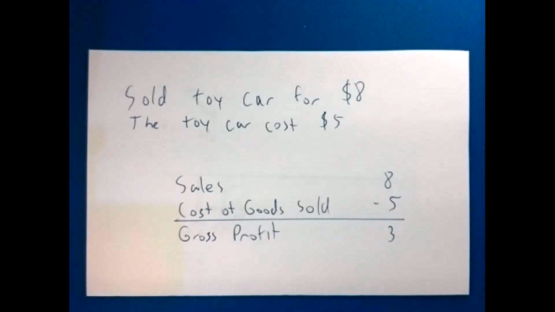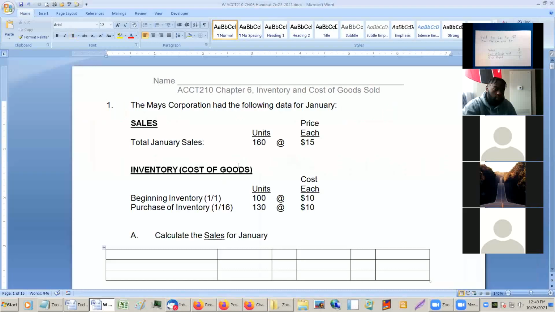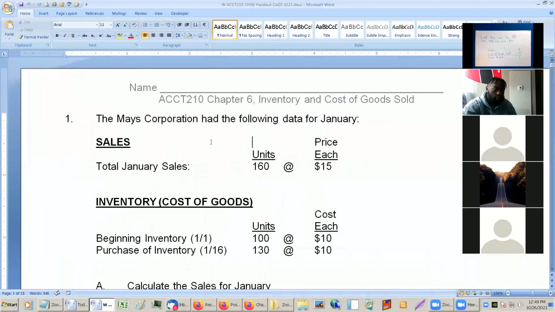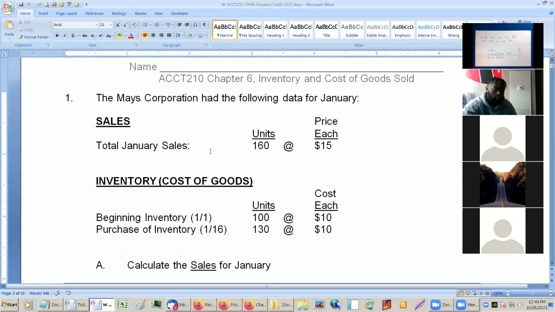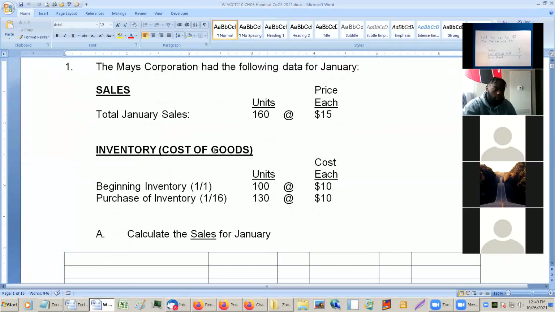All right. So let's go ahead, and now I do want to share my screen. If you pull up the chapter 6 handout, we'll start to go over this. We have sales.